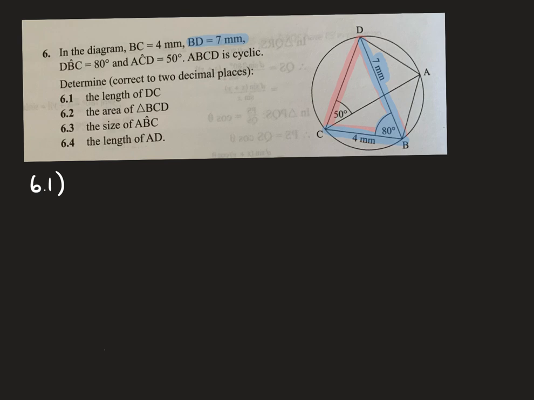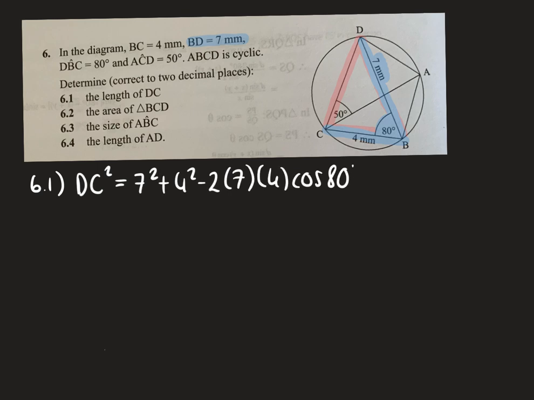I think it is. So if we say DC squared equals 7 squared plus 4 squared minus 2 times 7 times 4 cos of 80, and we put that into our calculator, let's have a look what we get. 7 squared plus 4 squared minus 2 times 7 times 4 cos of 80, and that's going to give me 55.27 recurring.